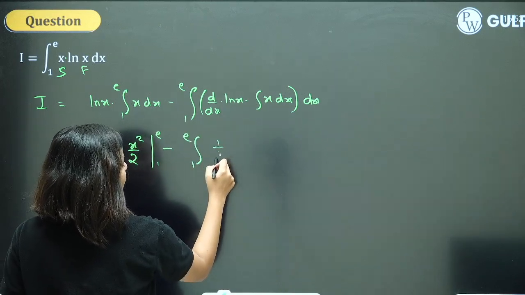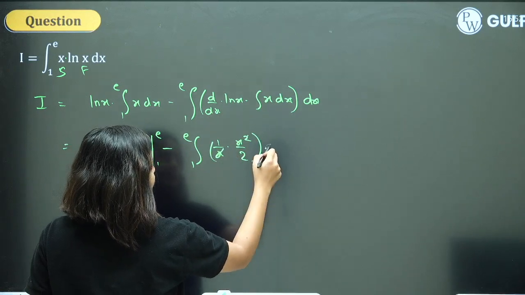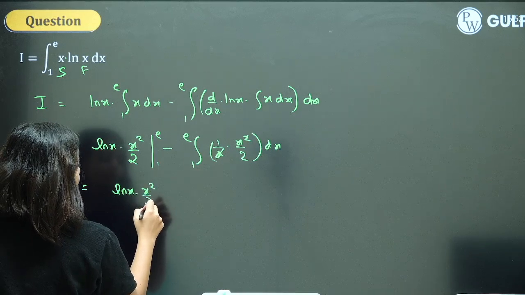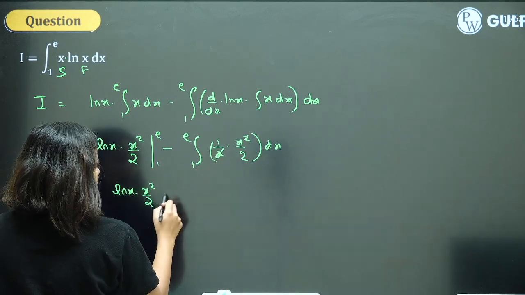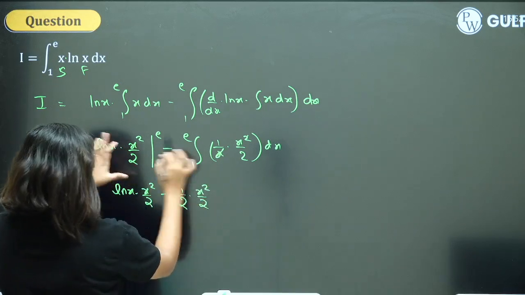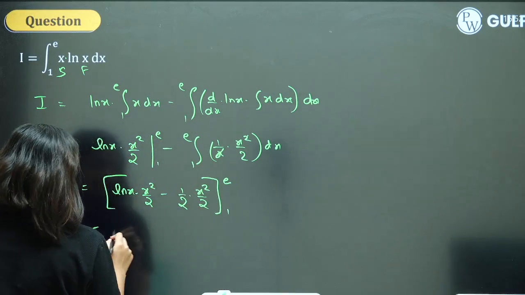Derivative of log x is 1 by x, integration x square by 2. X cancel. Once again, ln x into x square by 2. 1 by 2 can come out and integration of x is x square by 2. And the whole thing is 1 to e. Can you all see?